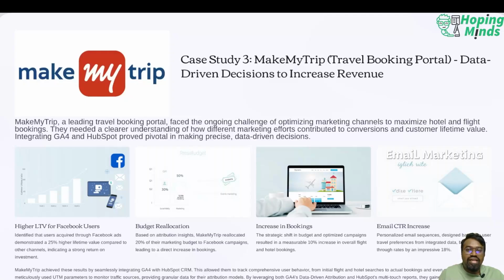Make My Trip, a leading booking portal, faced the ongoing challenge of optimizing marketing channels to maximize hotel and flight bookings. They needed a clear understanding of how different marketing efforts contributed to conversions and customer lifetime value, which proved pivotal in making precise data driven decisions. So, how did they achieve this?